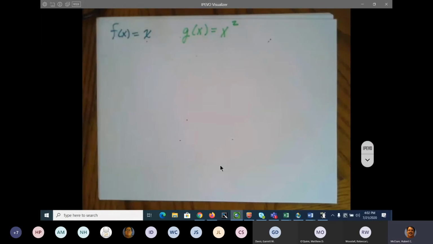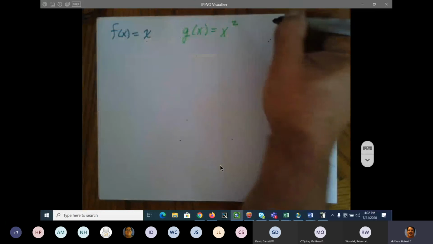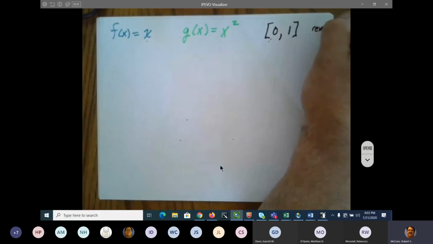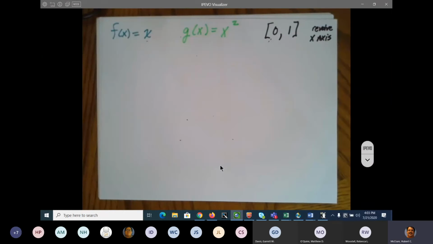And I tell you that I want you to go from 0 to 1 and revolve around the x-axis. Go ahead and set this one up. First of all, I want you to sketch it and see what it looks like. Then I want you to set up the antiderivative around the x-axis using pi.